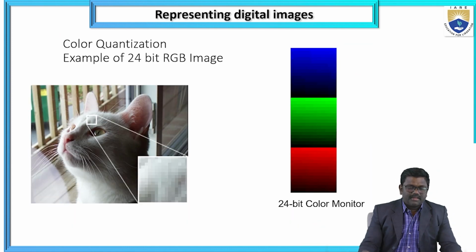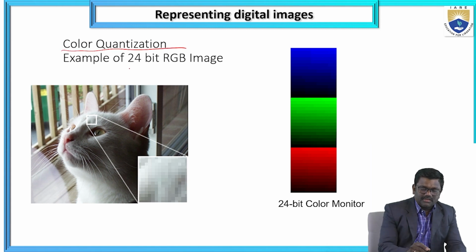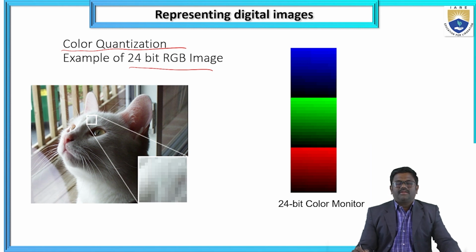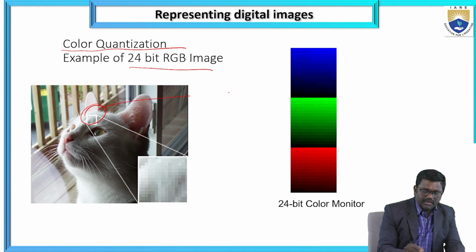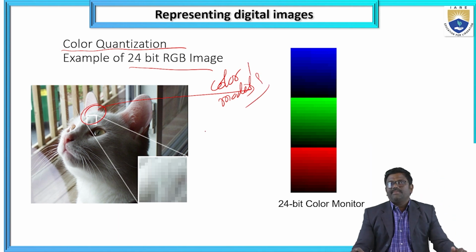Next is the representation in terms of color image processing, the 24-bit RGB images, as on a 24-bit color monitor. Right now we are keeping this in the color models. We are going to discuss color models in detail in the coming class.